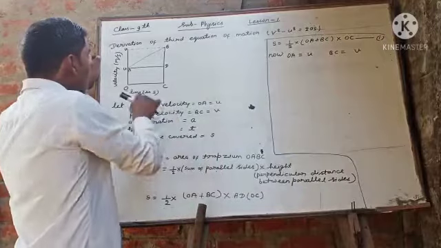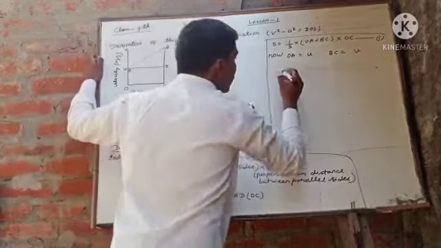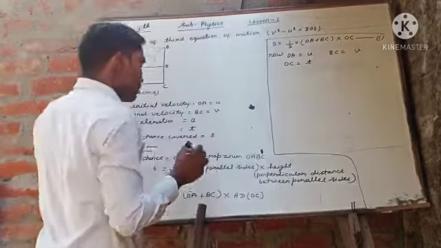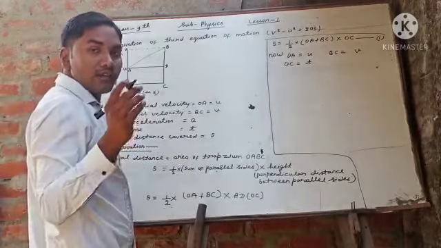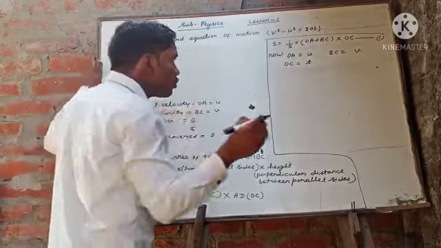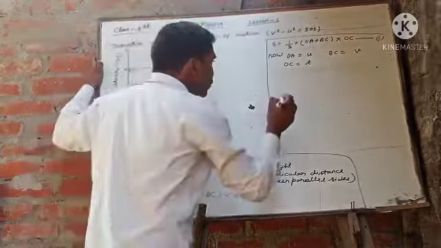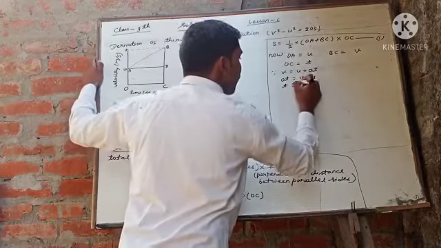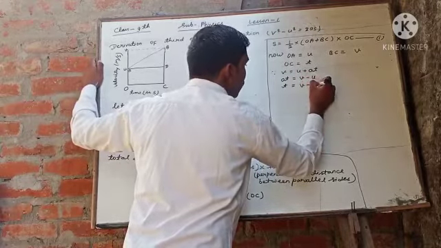OC is time, so OC is equal to t, and we know that v is equal to u plus at. Since v is equal to u plus at, from here at is equal to v minus u, or t is equal to v minus u upon a.